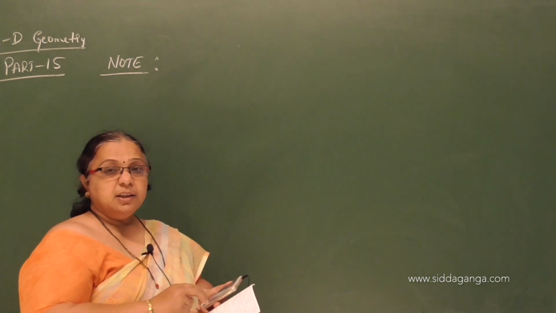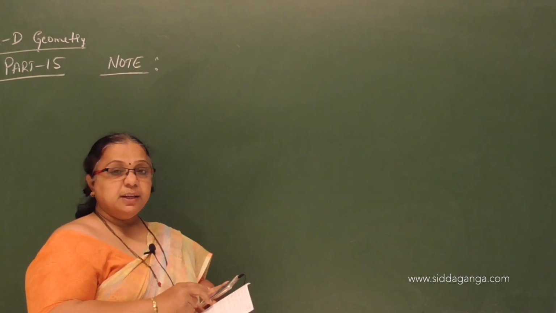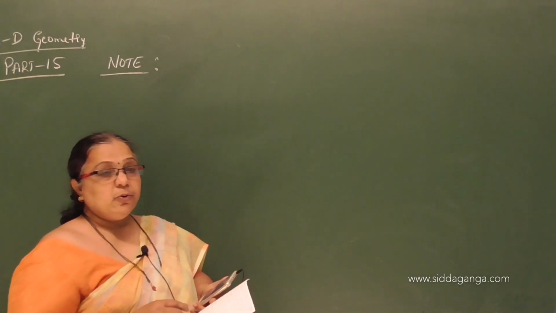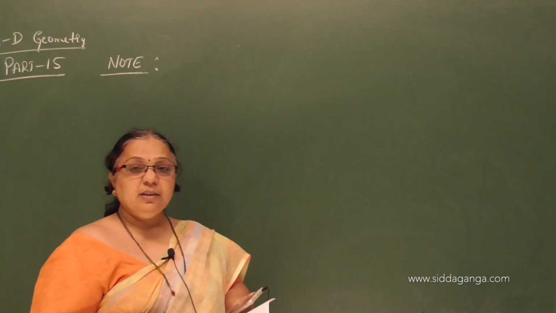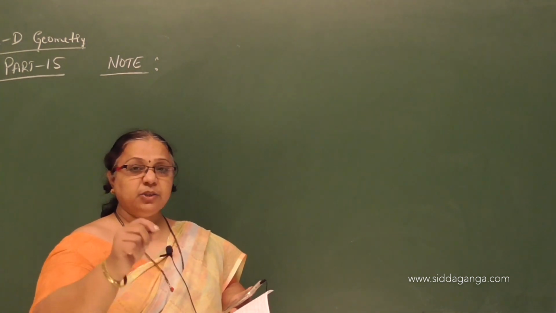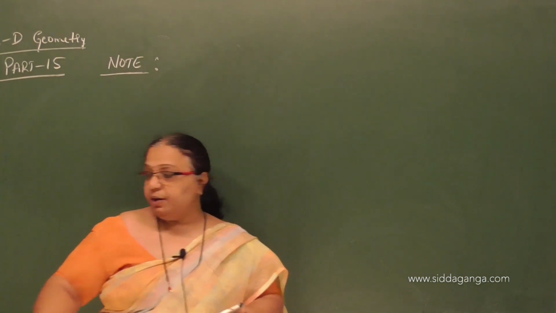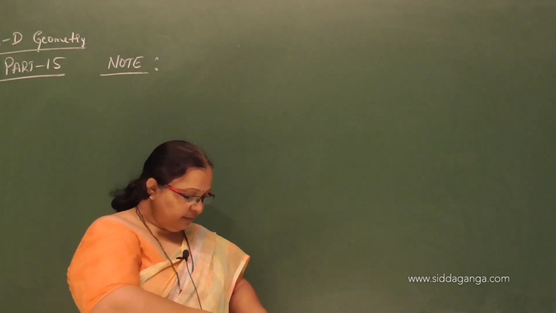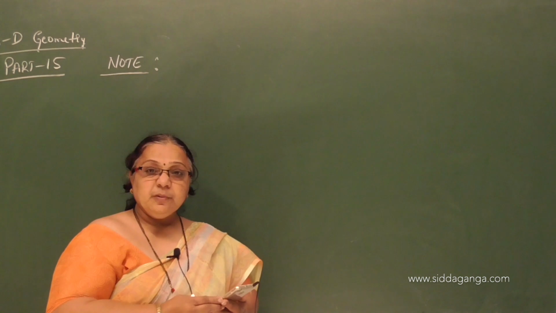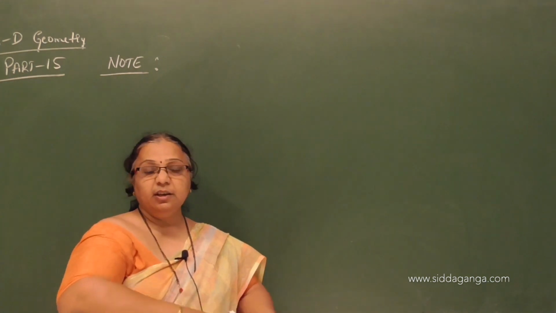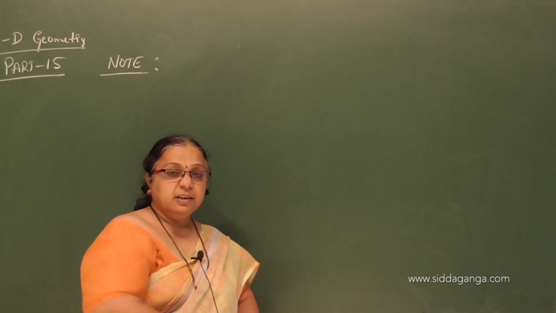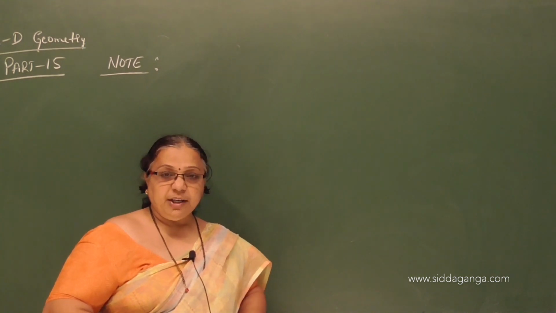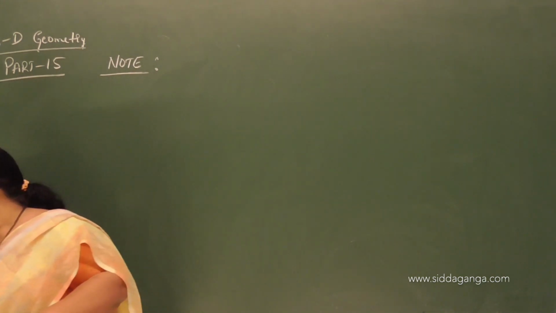In the last year, while solving problems in conic sections, we took the general equation of the circle, and where it passes through a point, we substituted the coordinates of that point and found the equation. Similarly here, the general equation of the plane where it passes through the point x1, y1.